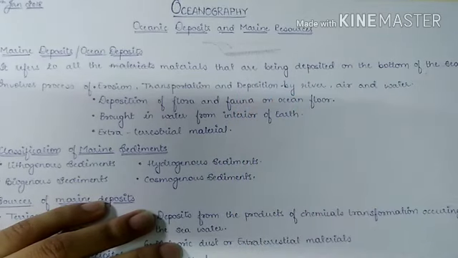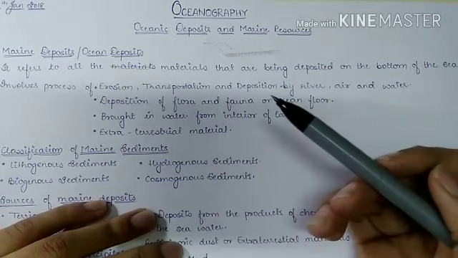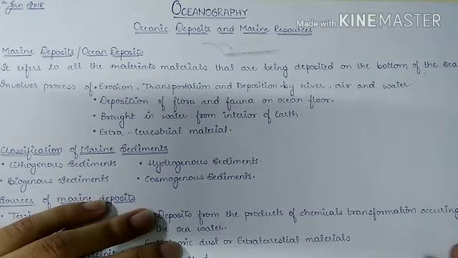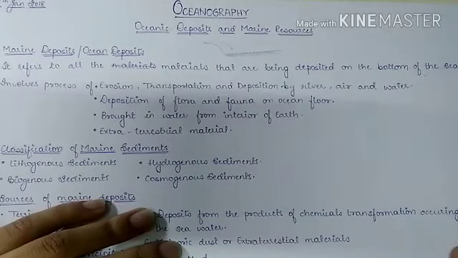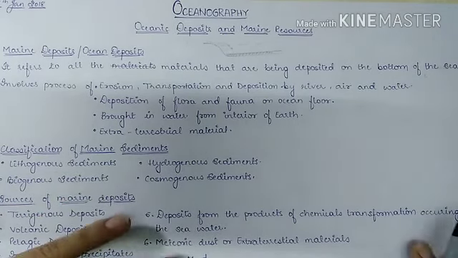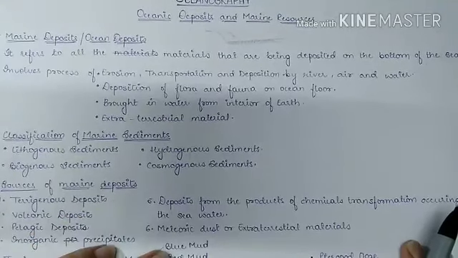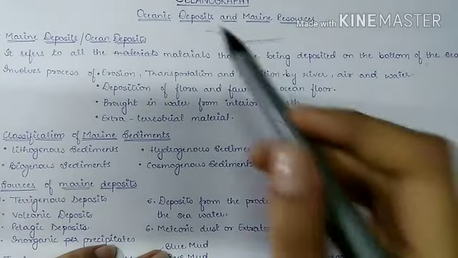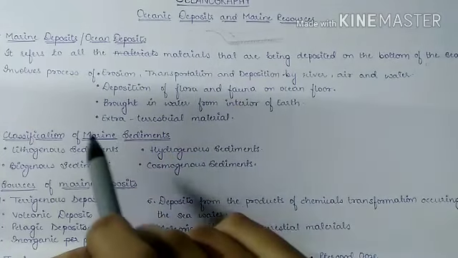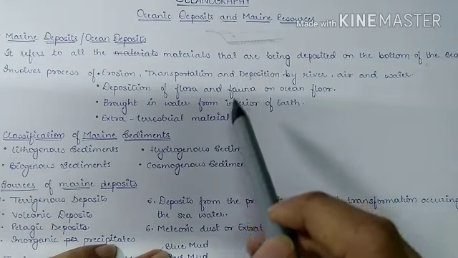Besides this, there are other agencies of erosion, transportation, and deposition, like glaciers, winds, and waves, which carry the land to the water. Now this depositional process involves erosion, transportation, and deposition.